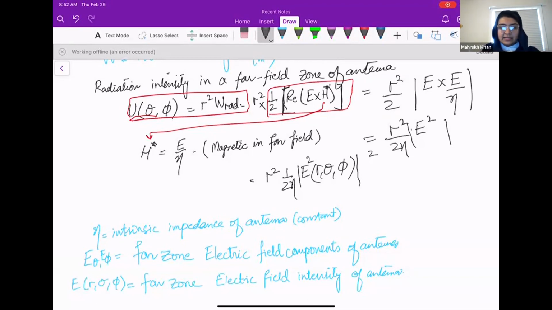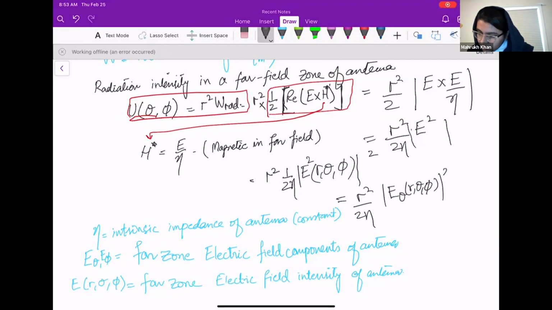It's the same as when you were seeing that E was having X component and E was having Y component, right? So that's why in this expression, you can write it as E theta of R theta phi square plus E phi of R theta phi square.